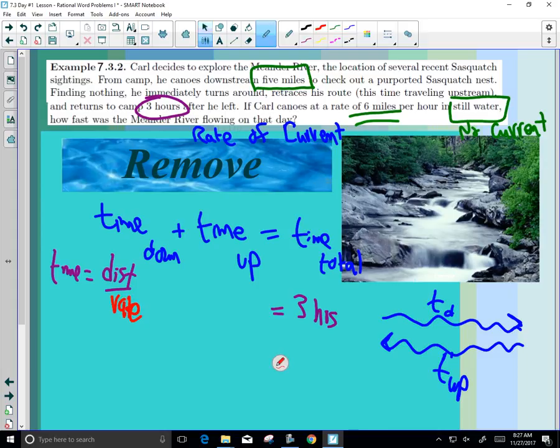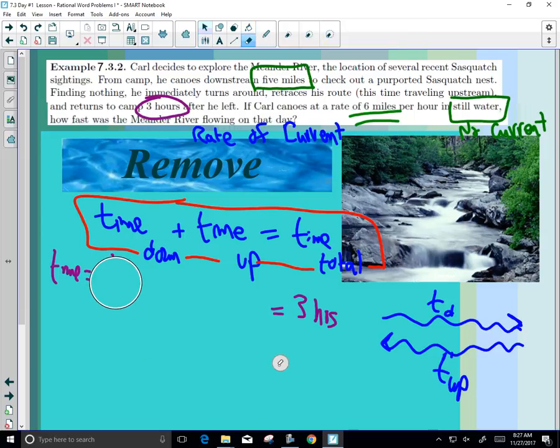All right, so for cleaning out llama pens or digging holes, we look at rate plus rate equals rate of both. But when we're going a distance one way and coming back another, we're looking at total time. We're going to add up the times. Like that. Time is distance over rate.